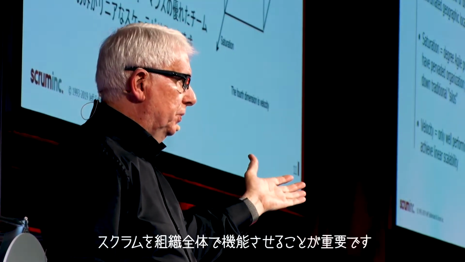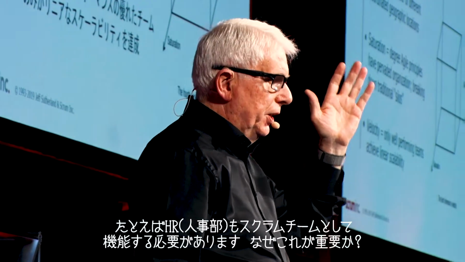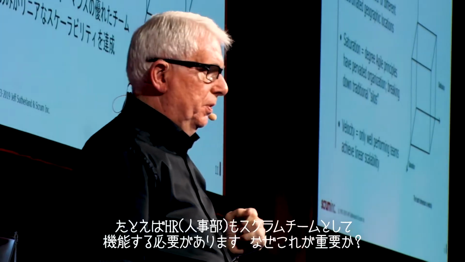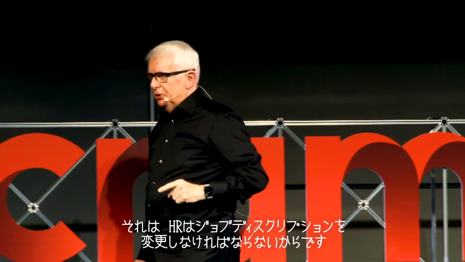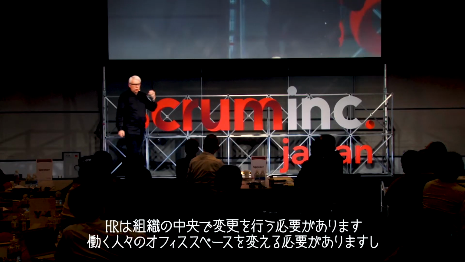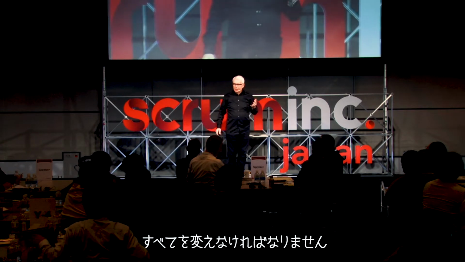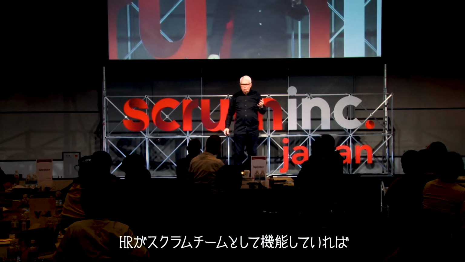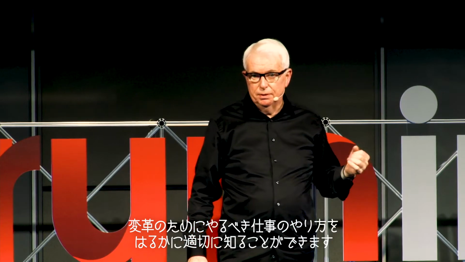Like some of our companies, one will speak today, we have HR teams that are running as Scrum teams. Why is that important? Because HR has to change job descriptions. They have to change incentives. They have to change space. They have to change the way performance appraisals are done. Everything has to change. And if HR is running as a Scrum, they know a lot better how to do the job that needs to be done.